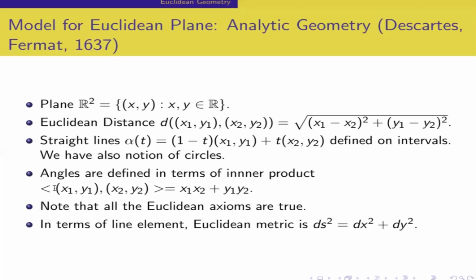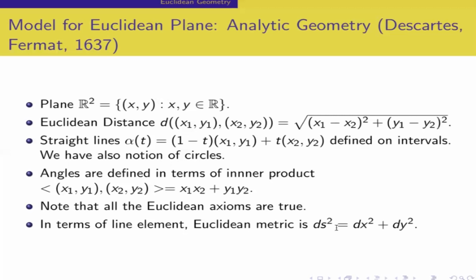Okay, so now given any differentiable path in R2, how do we compute the length of that path? You can do it by this metric: ds square is equal to dx square plus dy square. Suppose you are given a path alpha from the closed interval [a, b] to R2.